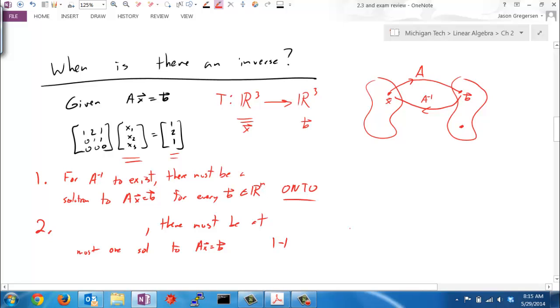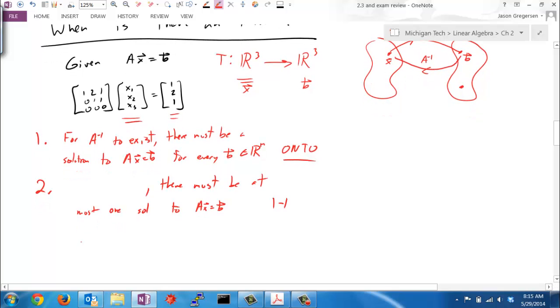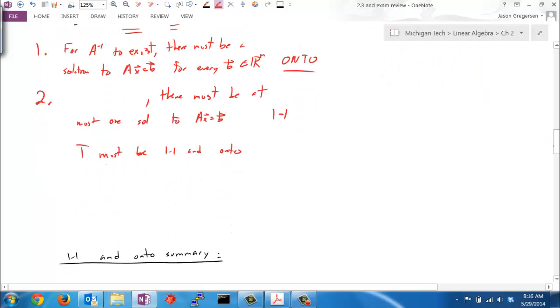One to one. Like we talked about last time, this transformation must be one to one and onto. We related that back to the idea of functions. So there exists an inverse when it's one to one and onto. All those other implications kind of stem from that.